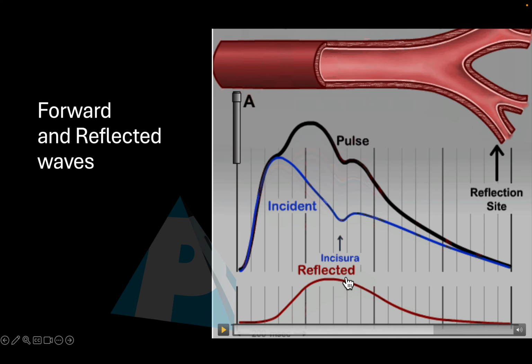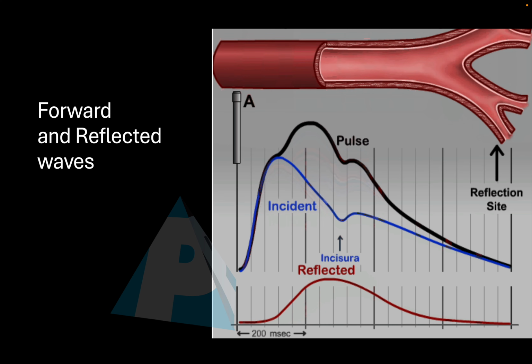This is because of an augmented reflected wave coming earlier, since the reflected wave velocity is increased because of a thickened or stiff aorta. Stiff aortas lead to a quicker return of the reflected waves. This is the reason for systolic hypertension in elderly people.